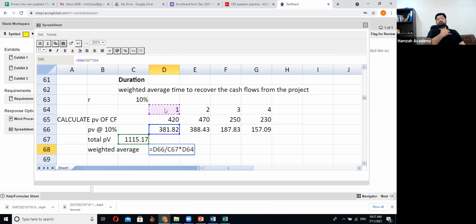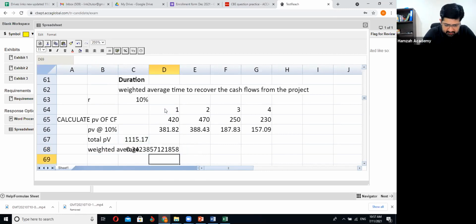Okay, let us do it in 2 steps. First of all, do this. Only divide for your better understanding. This divided by this, weighted average.